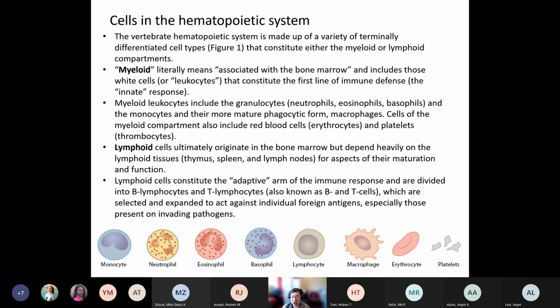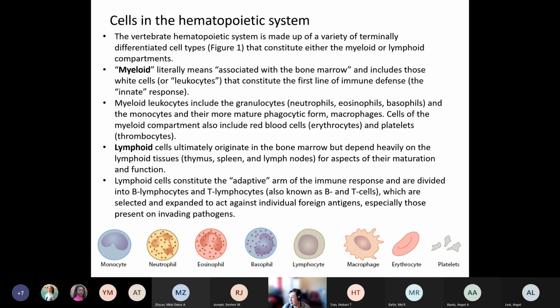That means they don't need any adaptation. So you have a pathogen coming in contact with our immune system, and those myeloid cells will defend you immediately because they don't need to first encounter those pathogens or foreign substances and then develop a specific response. They don't need that. They fight the foreign substance from the very beginning. So that's called an innate response.